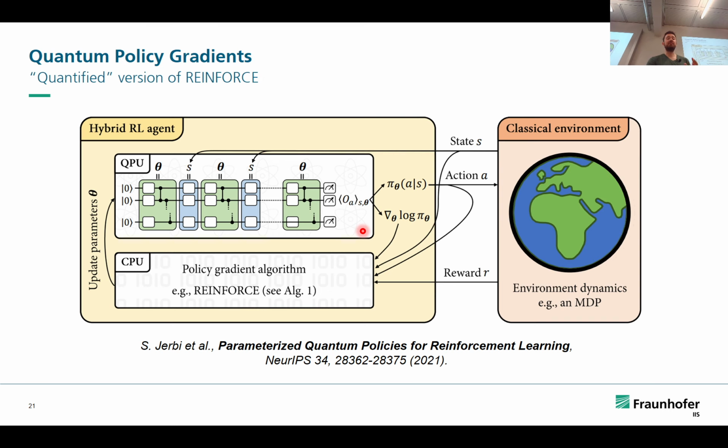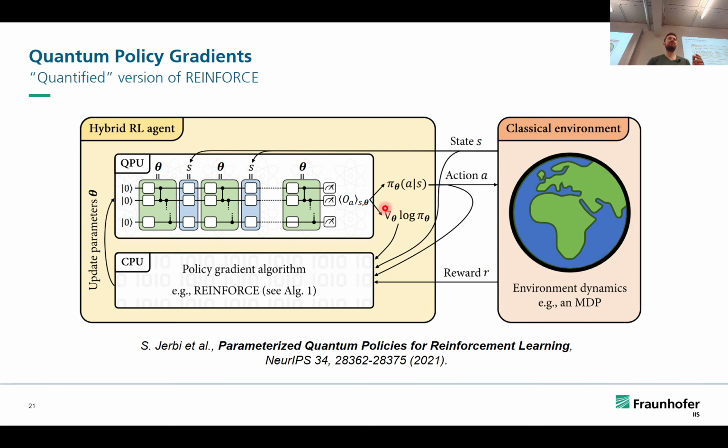So that's the part where we use the quantum neural network, and everything else still happens on classical hardware. So we have our parameters stored classically, and as we are able to get the policy and the gradients directly from our network, we can also perform the updates classically. So we can still go with the same update routine, with some gradient ascent based technique to update our parameters.